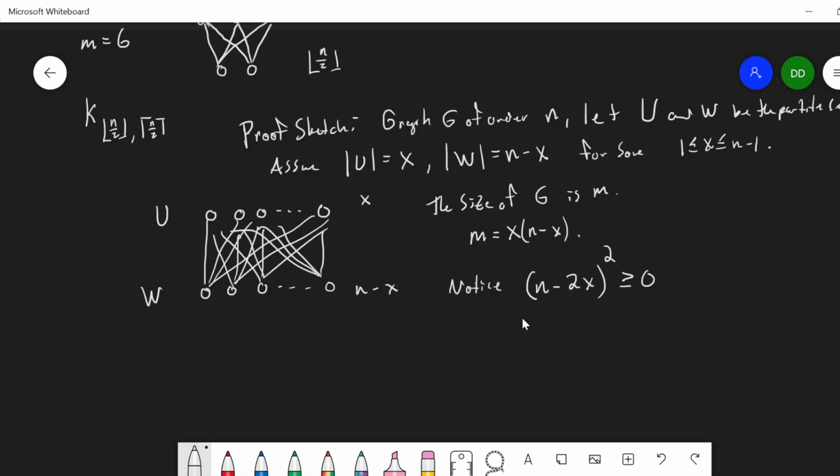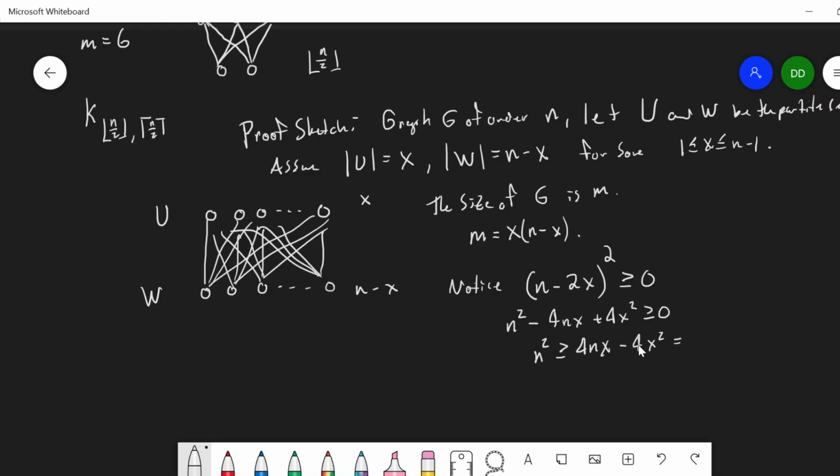And so if I expand this out, this means n squared minus 4nx plus 4x squared is greater than or equal to 0. Rewriting that, n squared is greater than or equal to 4nx minus 4x squared.